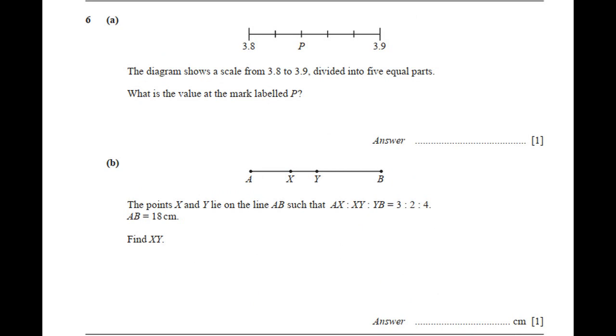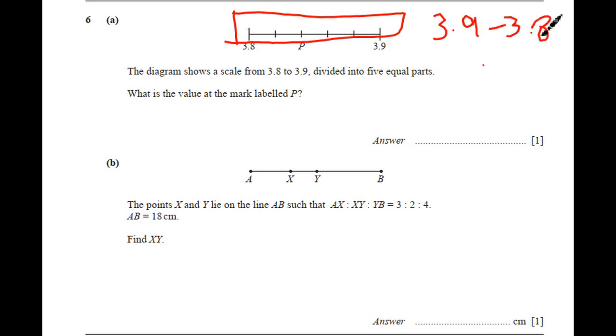The diagram shows a scale from 3.8 to 3.9 divided into 5 parts. What is the value at the mark labeled P? So what is the length between 3.8 and 3.9? When I do 3.9 minus 3.8, I get 0.1.